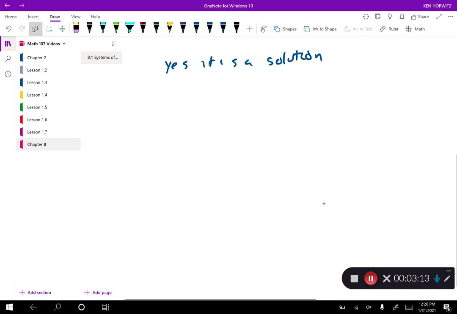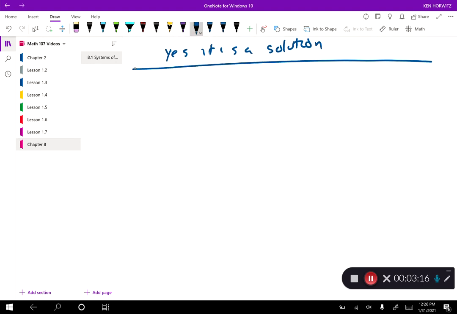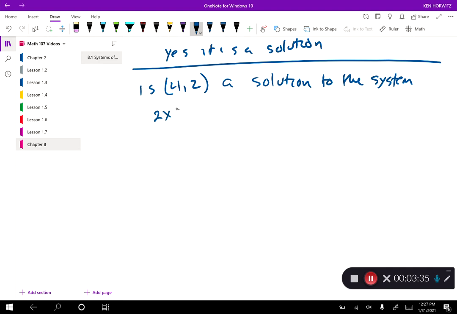All right, so let's try another one quickly. Is 4, 2 a solution to the system 2x minus 5y equals -2, 3x minus 4y equals 4?